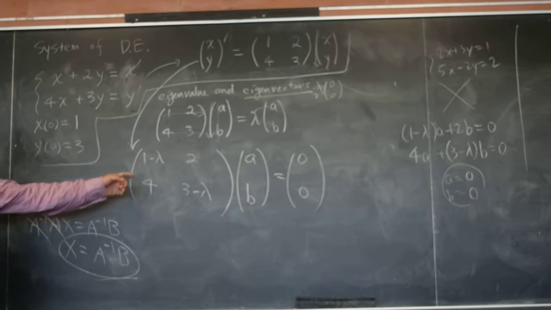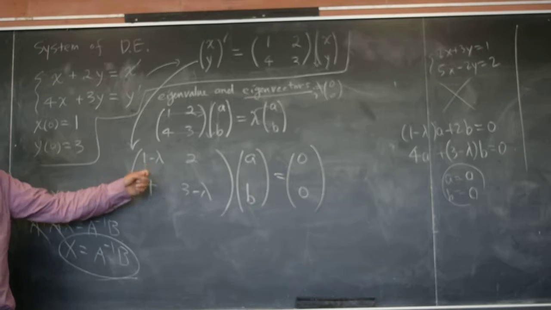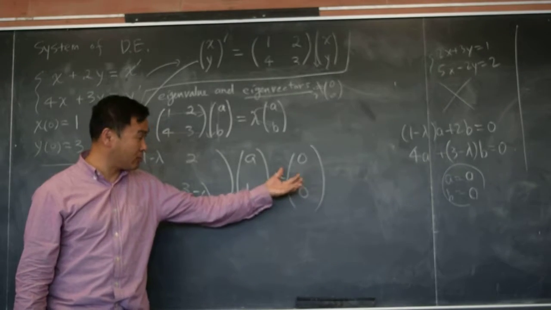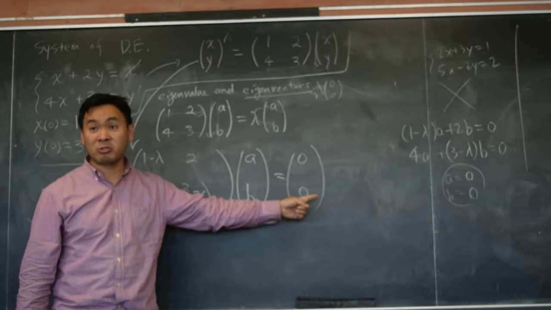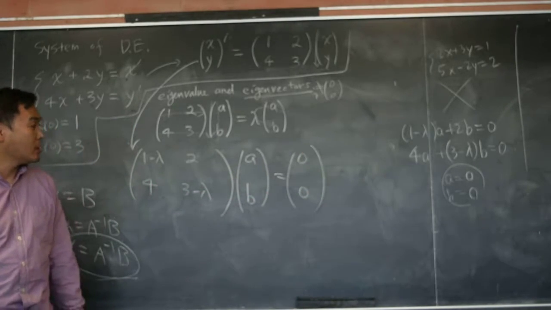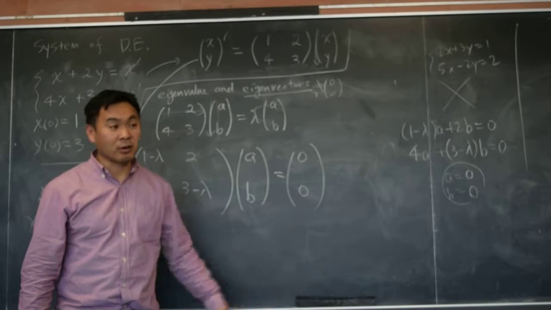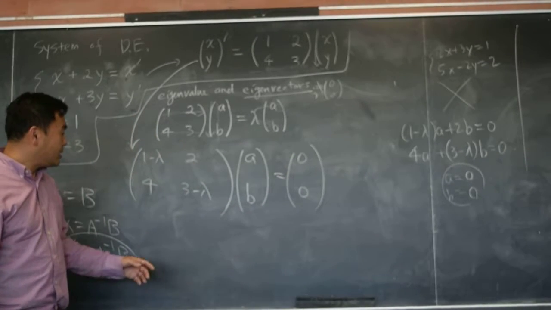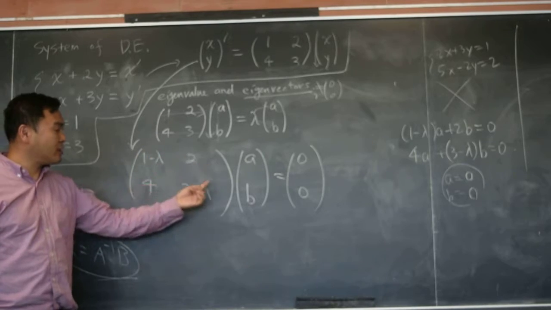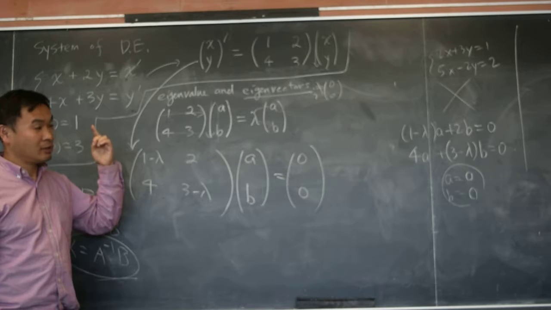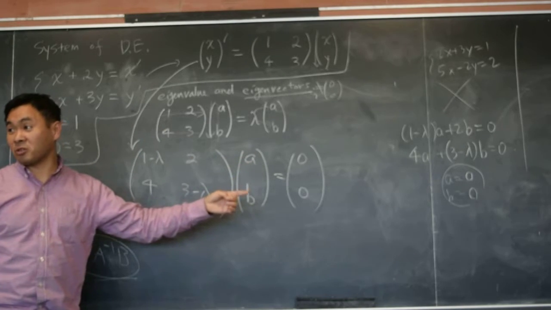So if you apply that same theory here, you would be multiplying the inverse of this matrix times 0, 0. What would you get? If you multiply any matrix times 0, 0, you're going to get 0, 0, right? Okay. So if the inverse of this matrix did exist, then the only solution you get is A equal to 0 and B equal to 0. Right?